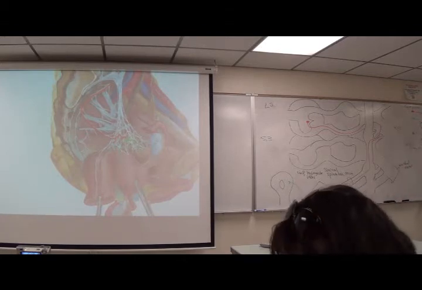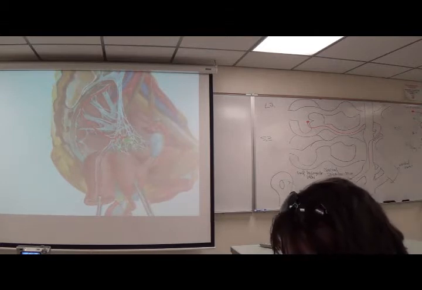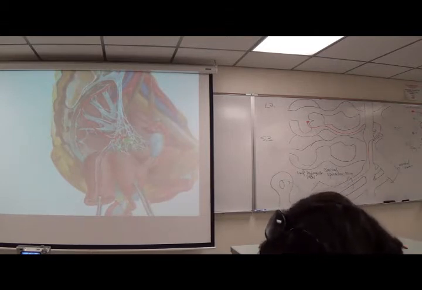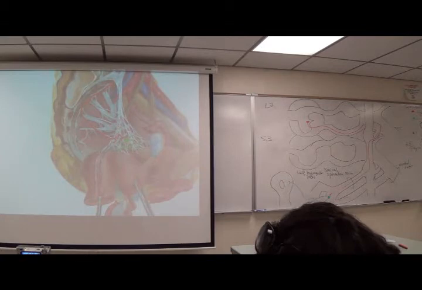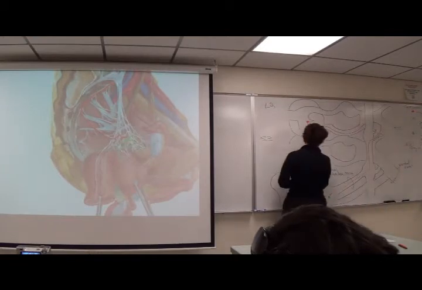So let's use blue again for our parasympathetic, like we did on the previous page. Parasympathetic is not going to be in lumbar. It's going to be in the sacral region of the spinal cord. So we're going to start it here.